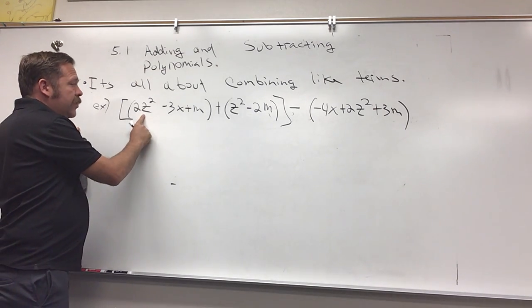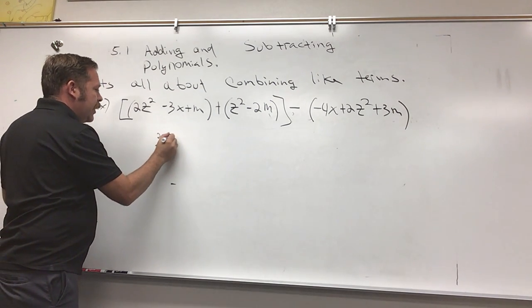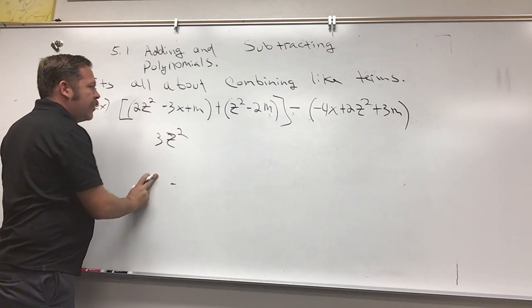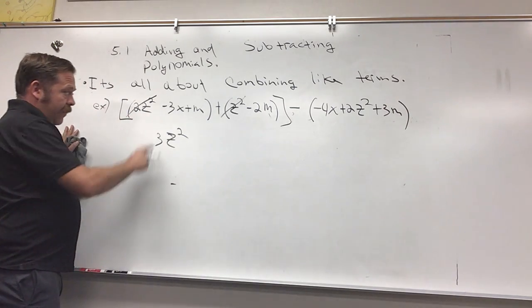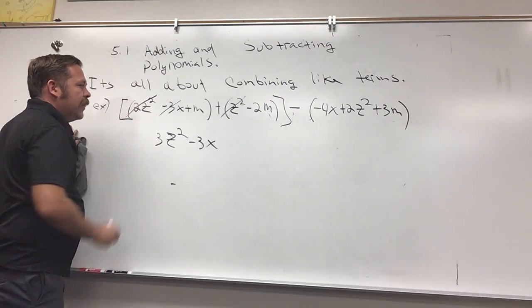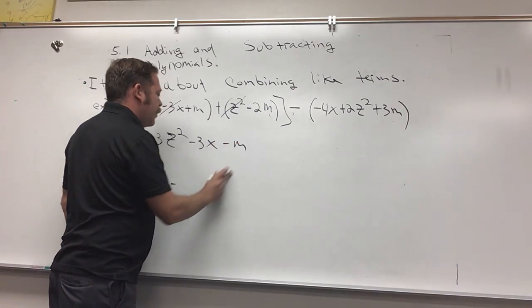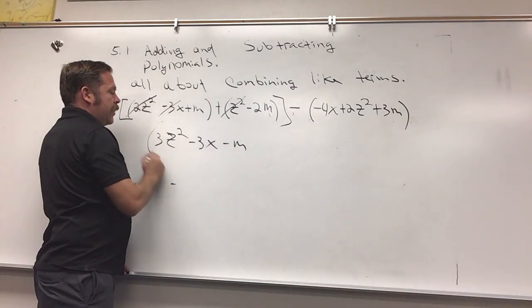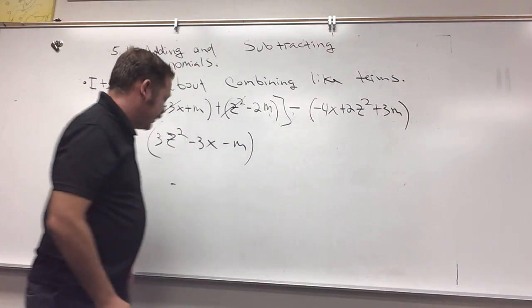I can combine the 2z squared and the z squared, and that gives me 3z squared, okay? I have a negative 3x. I have an m plus a negative 2m, that's going to give me a negative m. Combining all that, I got this trinomial here. All right, I see minus, guys.